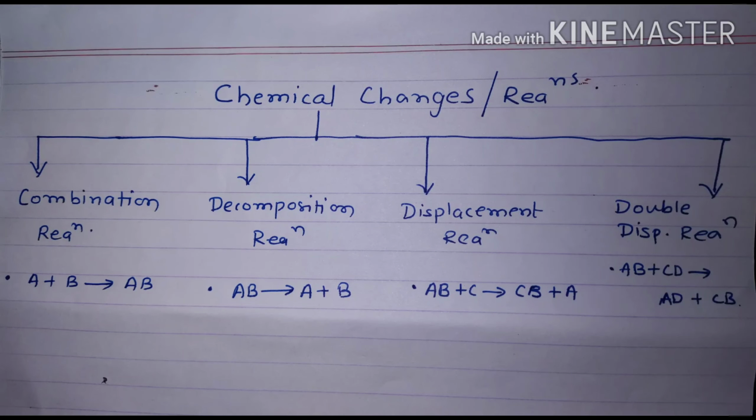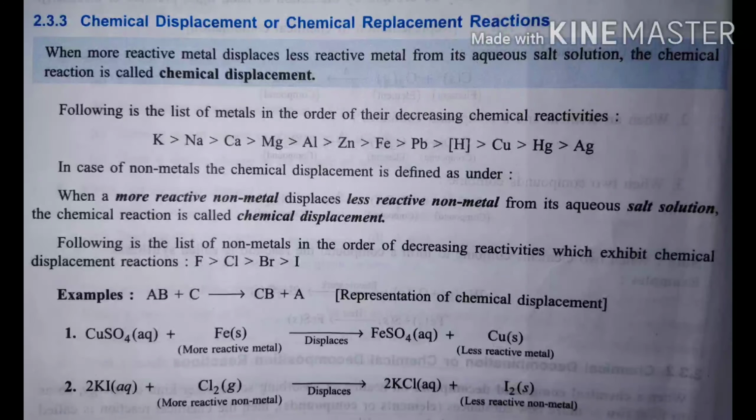You can see that potassium, sodium, calcium, magnesium, aluminium, zinc, iron, lead, hydrogen, copper, mercury and Ag means silver are written in a sequence, and this sequence is called as reactivity series. The potassium, which is written first over here, is highest reactive. Sodium is a bit less reactive than potassium, calcium is less reactive than sodium, and so on.